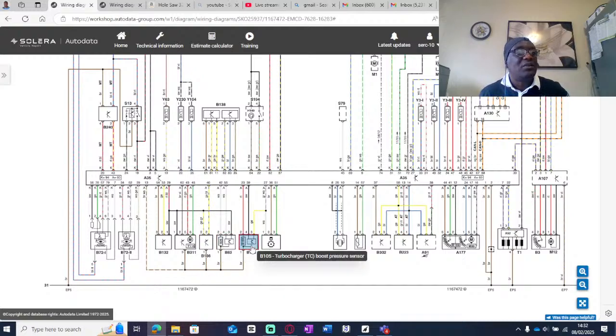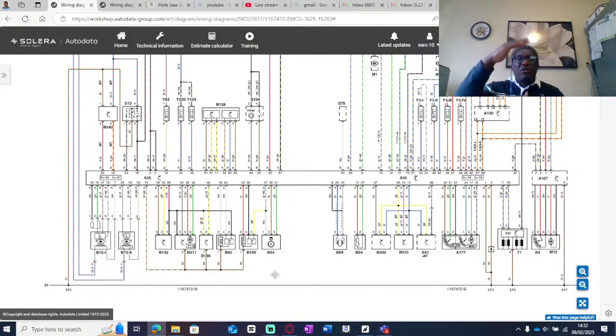Also, if you come here, you can see that we have got the ECU grounded on pin 1 and on pin 2, but both of them are coming from the same source. So if something goes wrong with this wire here, all these sensors will be down.